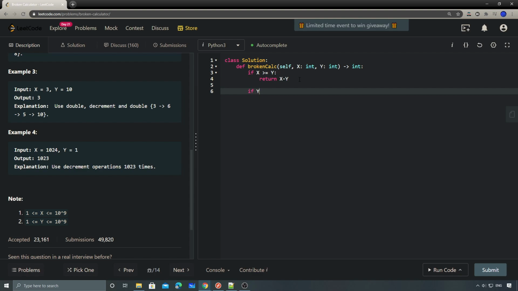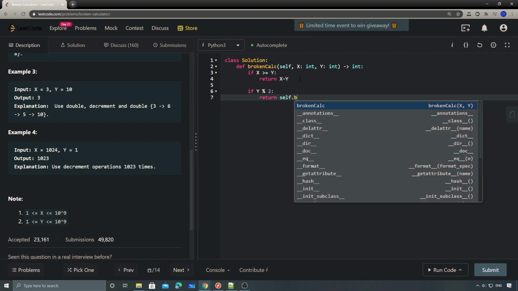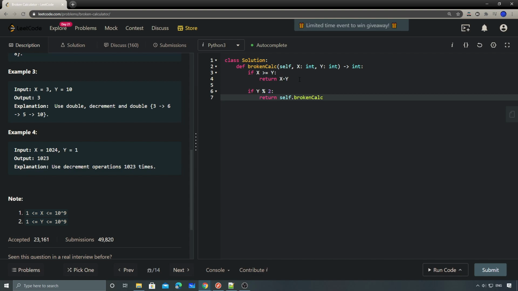Else, if y is an odd number, it means that the next step is basically x, y plus 1, and then we add 1 because that plus 1 means the current operation.